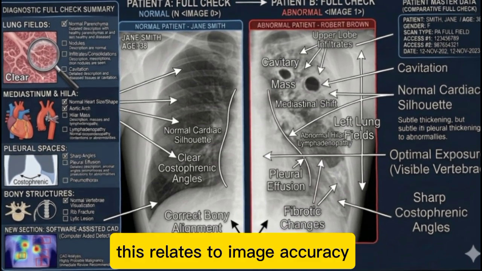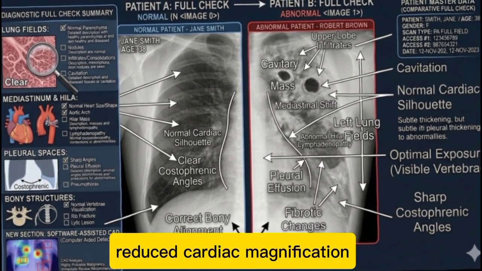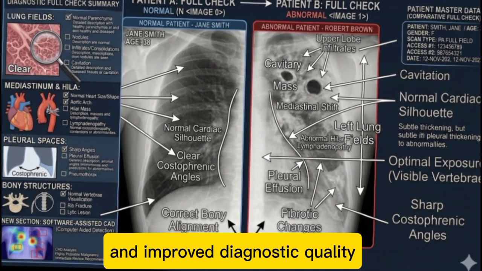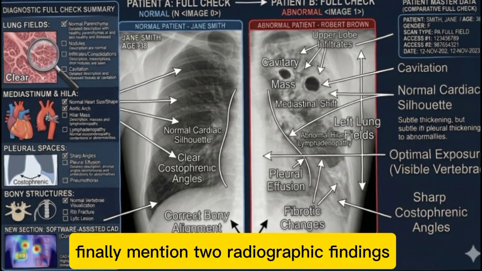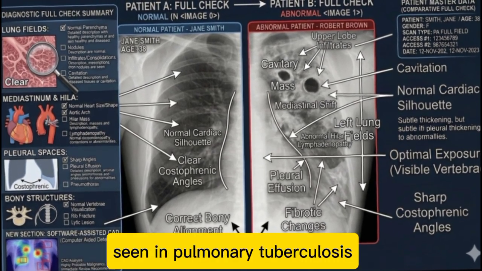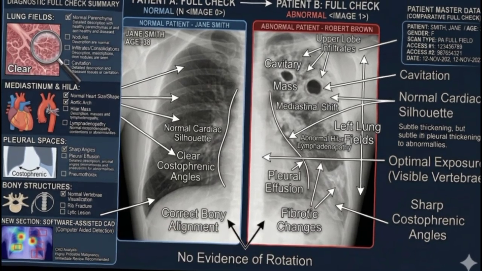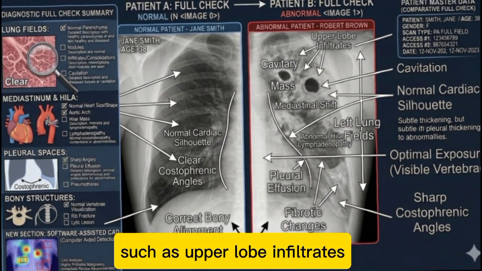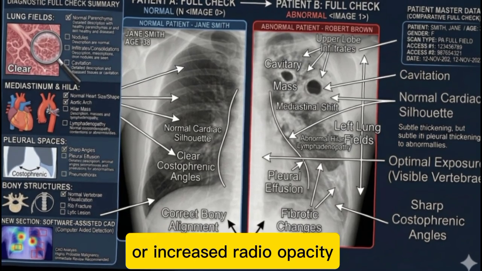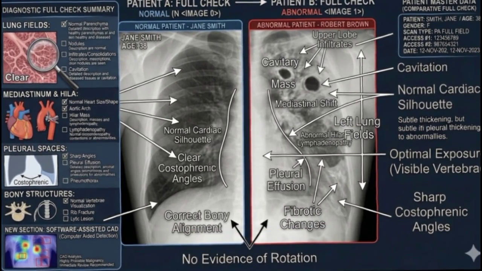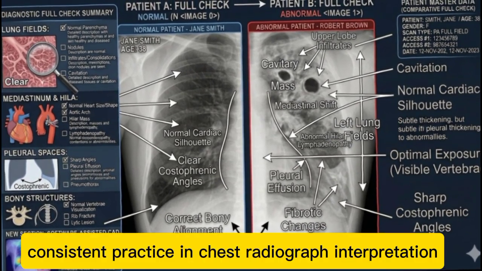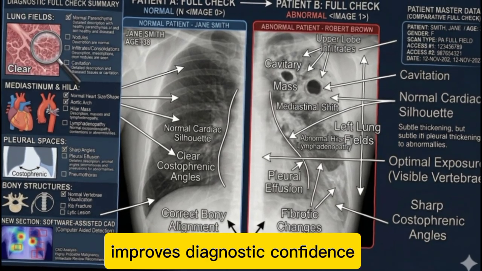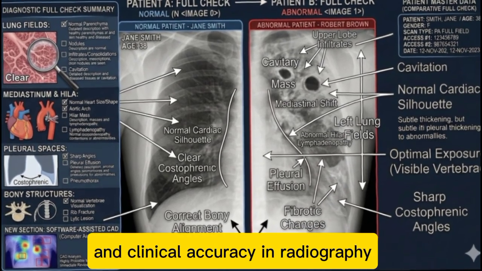This relates to image accuracy, reduced cardiac magnification, and improved diagnostic quality. Finally, mention 2 radiographic findings seen in pulmonary tuberculosis. This reinforces recognition of classic features such as upper lobe infiltrates, cavitation, fibrosis, or increased radiopacity. Consistent practice in chest radiograph interpretation improves diagnostic confidence and clinical accuracy in radiography.